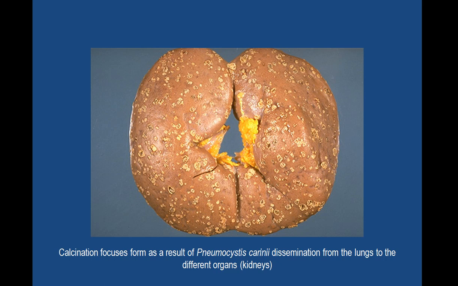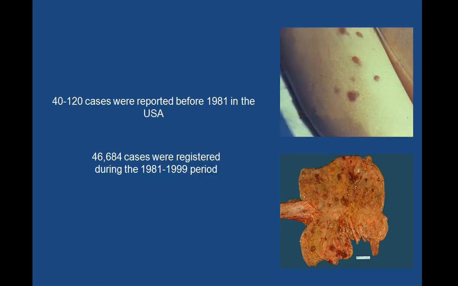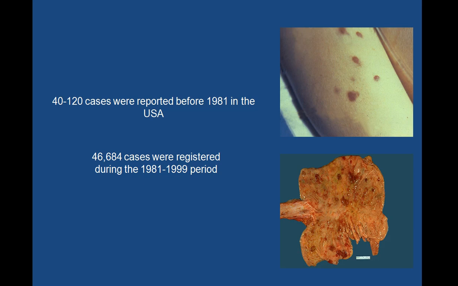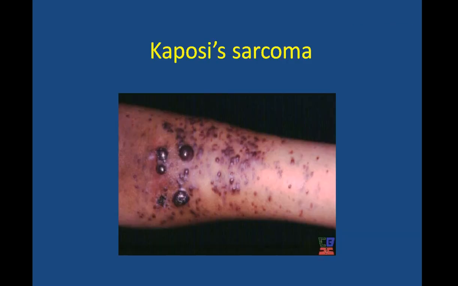In this case, we see kidneys. You see that 40 or 120 cases were reported before 1981 in the United States, and more than 46,000 cases were registered during the period of more than 18 years of this infection.